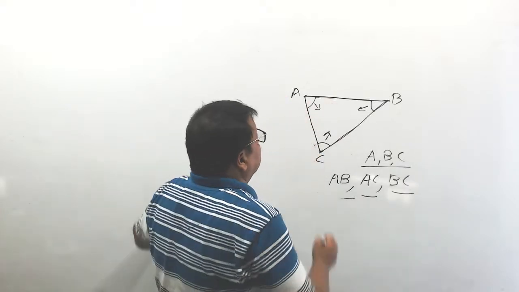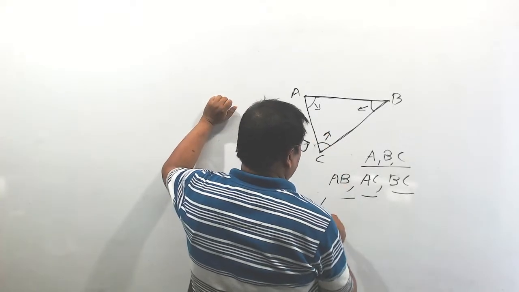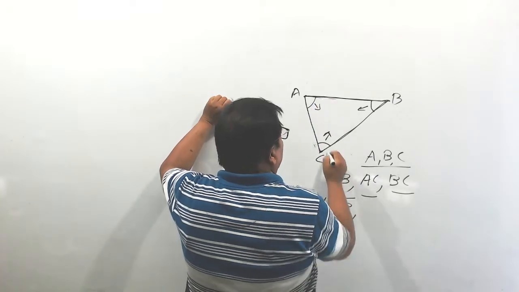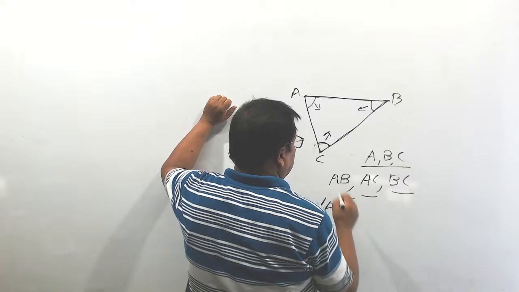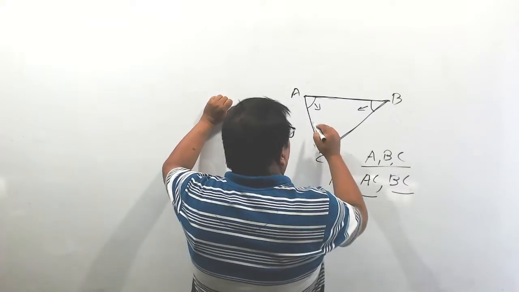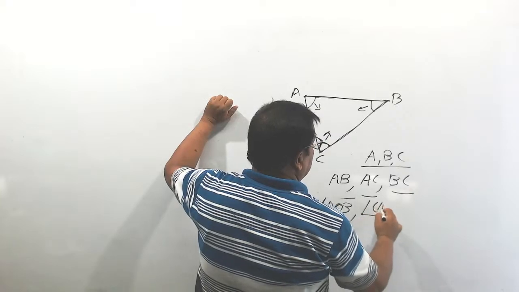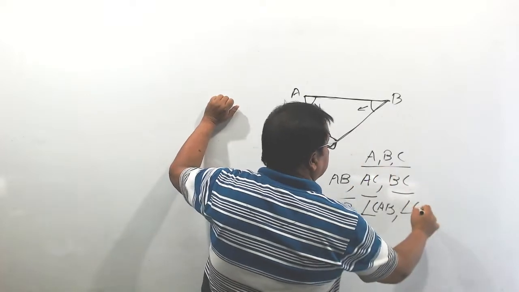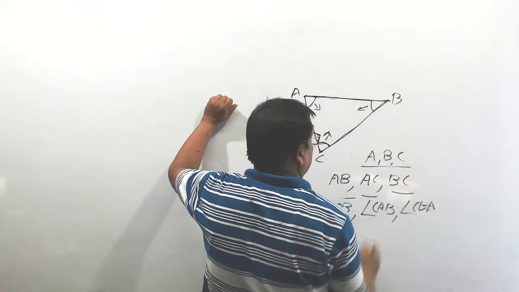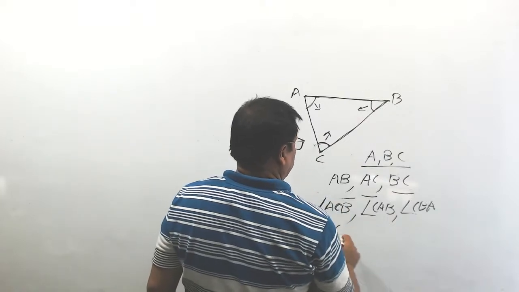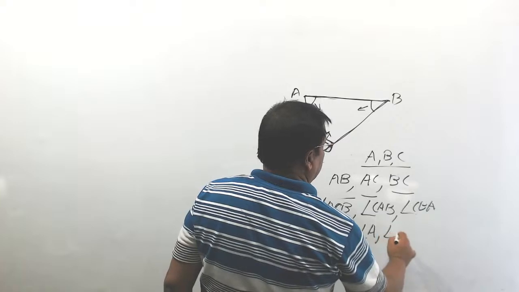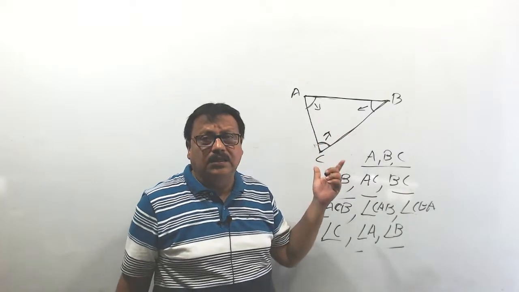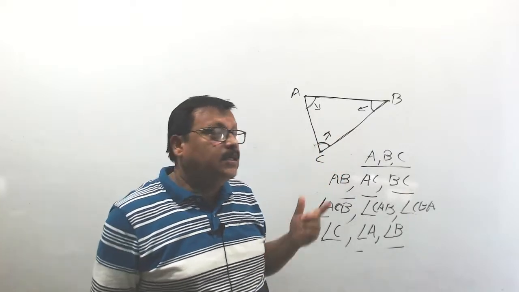The names will be angle ACB, by this angle symbol, with C written in between A and B. Angle CAB, this angle. Angle CBA, this angle, or angle C, angle A, angle B also you can write. So this is the triangle. This is the definition of triangle.